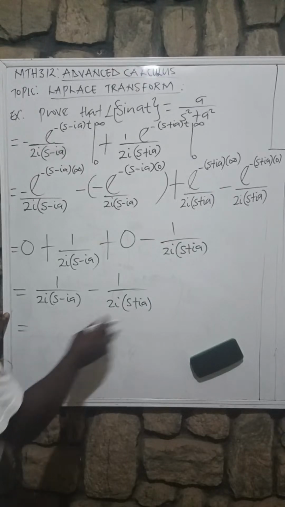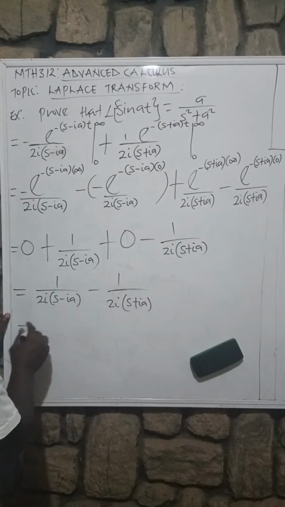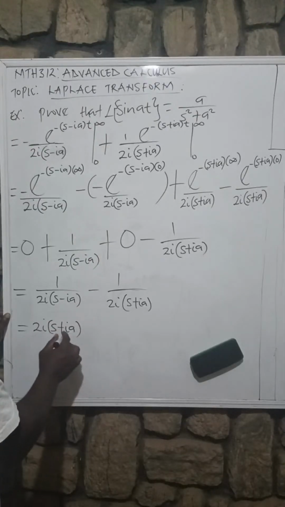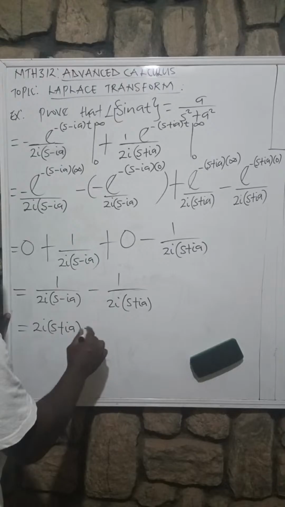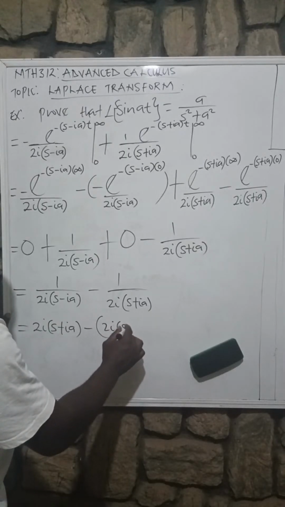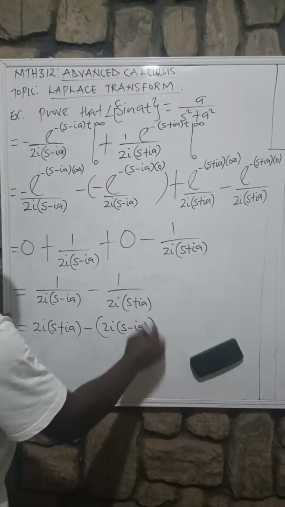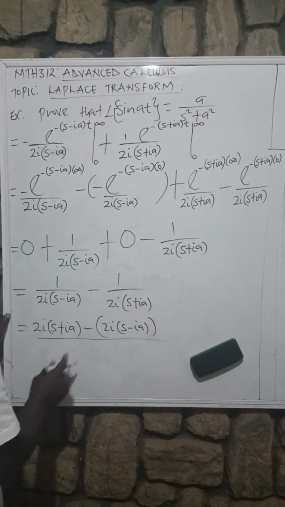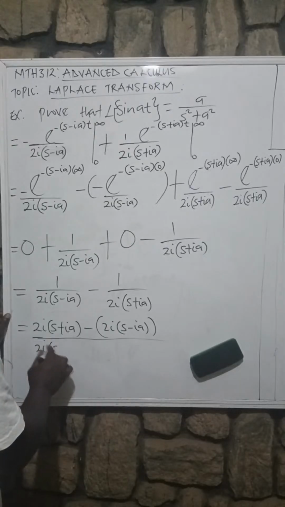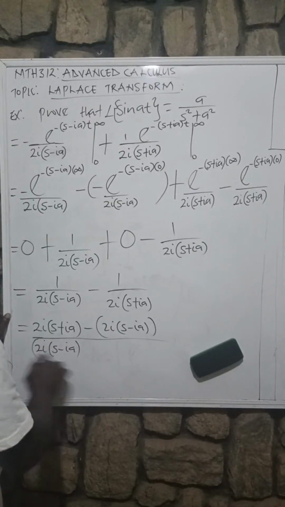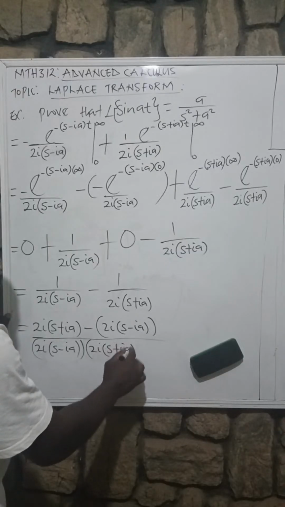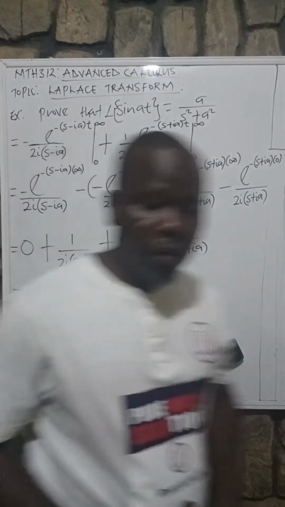Then this is equal to, we cross multiply: 2i open bracket s plus ia, because this multiplies this, minus open bracket 2i open bracket s minus ia close bracket, all over this times this, so we are going to have 2i open bracket s minus ia close bracket times 2i open bracket s plus ia close bracket. Hope I'm communicating.